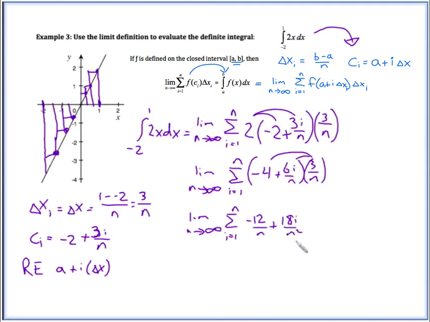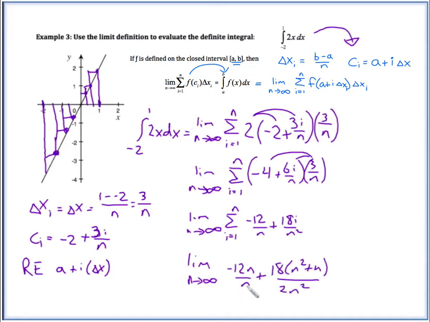Okay, now let's go ahead and evaluate this sum. We'll still have our limit. So the negative 12 over n changes into negative 12n over n. And then the 18i over n squared is going to be 18 times n squared plus n over 2n squared.